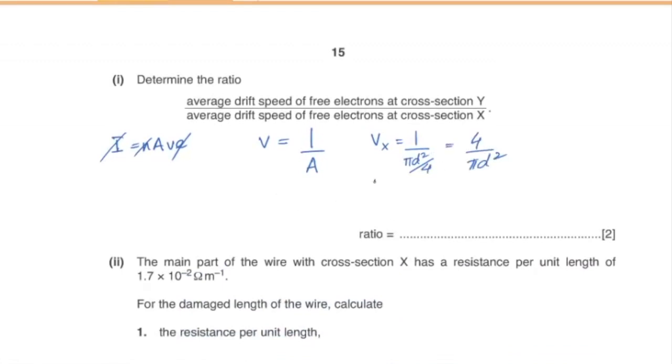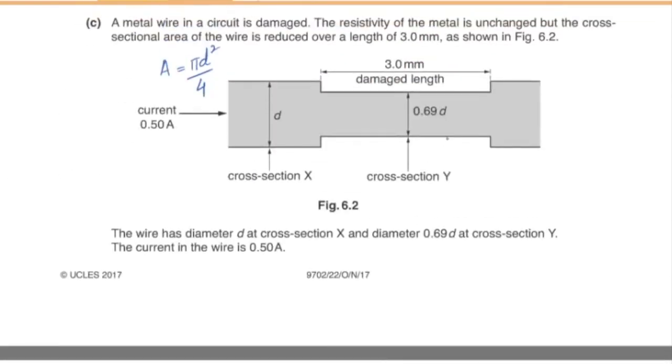Now the average drift speed across cross-section Y is going to be equal to 1 divided by the cross-sectional area of section Y. So this is going to be pi times (0.69 d) squared by 4.